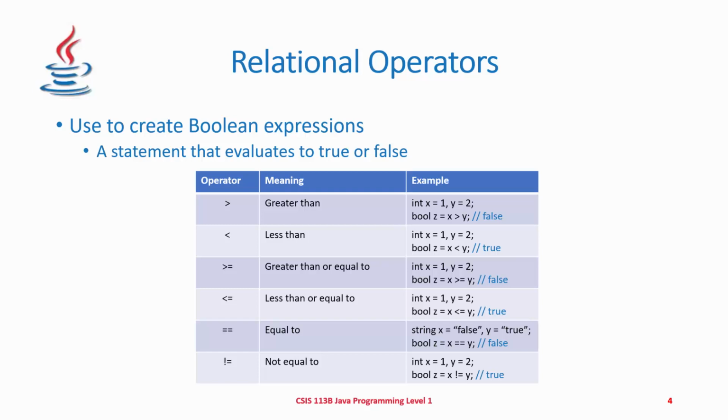In the example, x is 1, y is 2, and z, the Boolean variable, will be assigned the result of comparing x to y to see if they are not equal to each other. They are not equal, so the result is true. That's what gets assigned to the Boolean z.